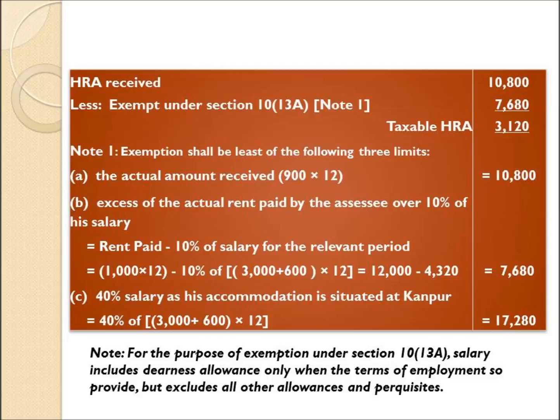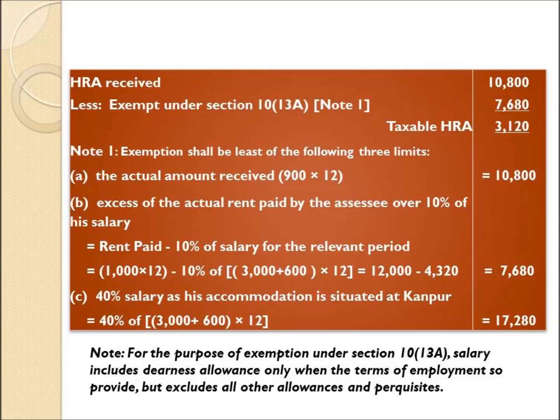Here, since the accommodation has not changed in the given year, the relevant period will equal 12 months only. So what is the rent paid? The rent paid was 1000 per month. So for the whole year, the rent paid will be 1000 into 12, that is 12,000.